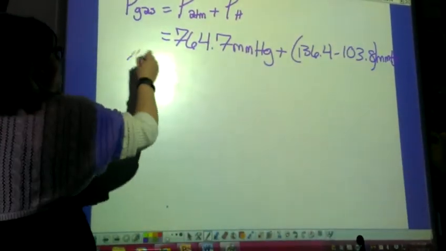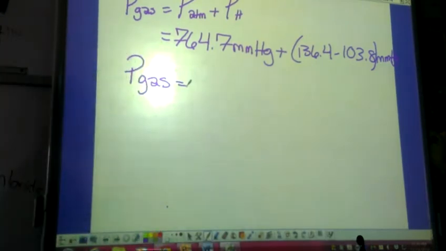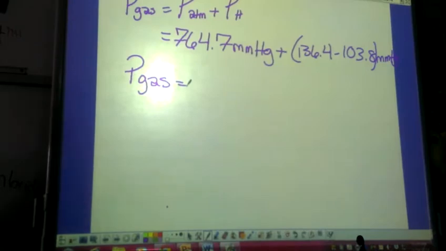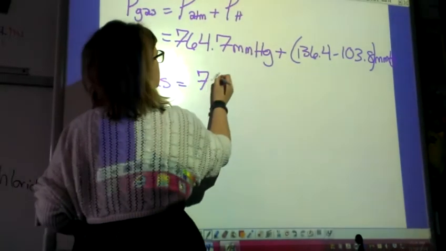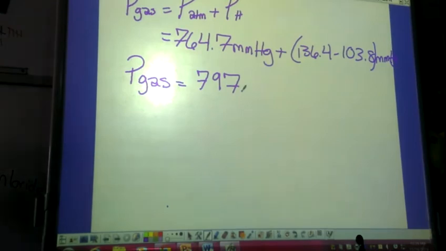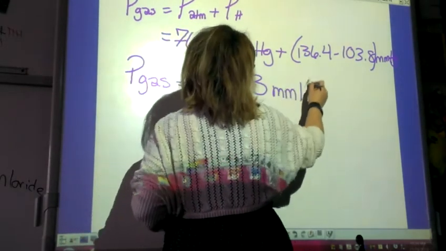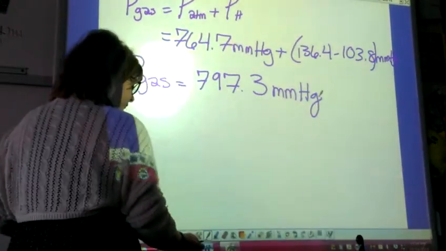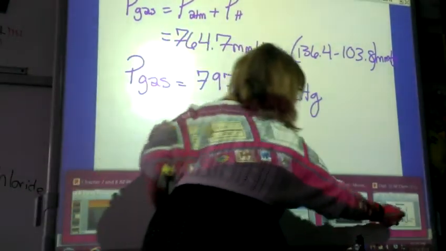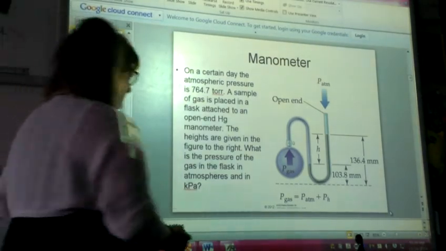Okay, and if I add those together, I'm going to get the pressure of the gas to be 797.3, and then that'll be millimeters of mercury. But they asked me for my answer in atmospheres, and then they also asked for my answer in kPa.